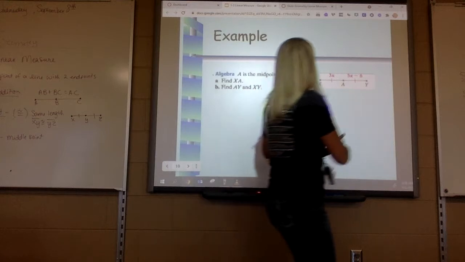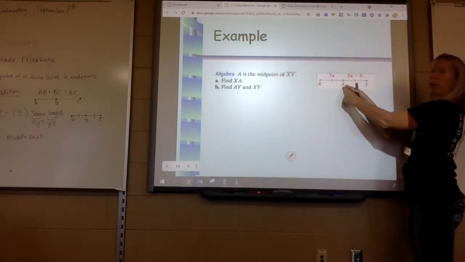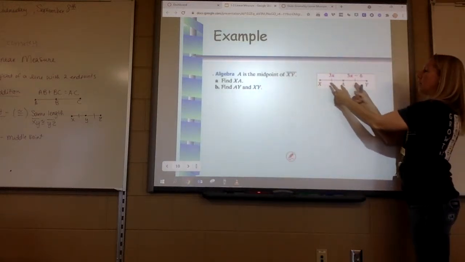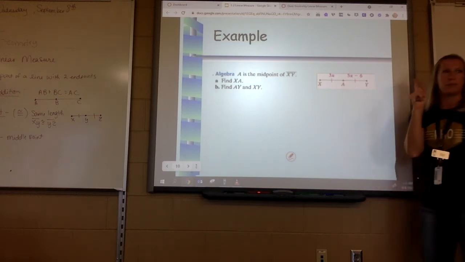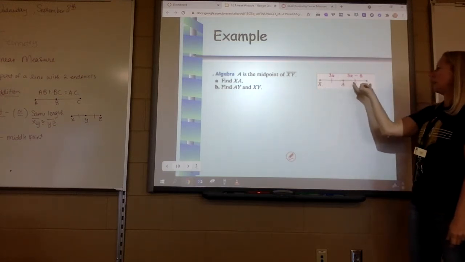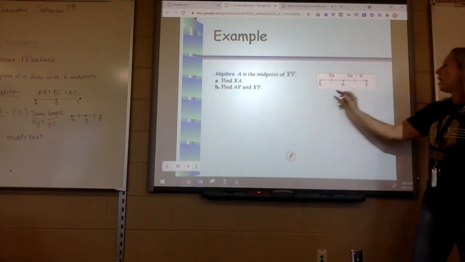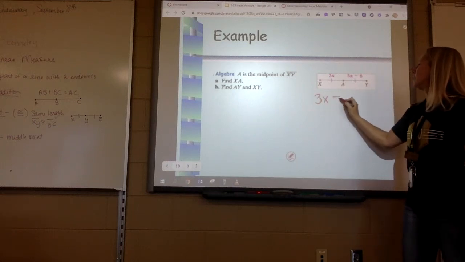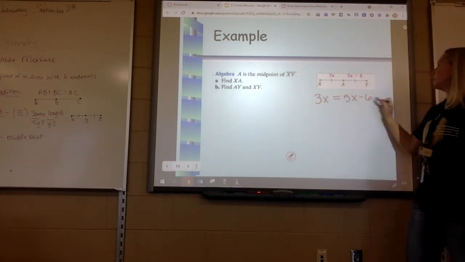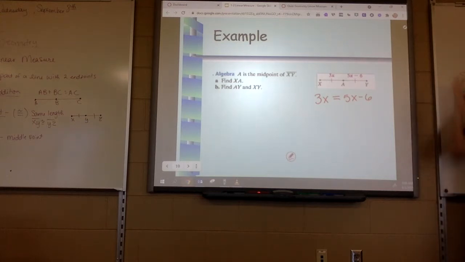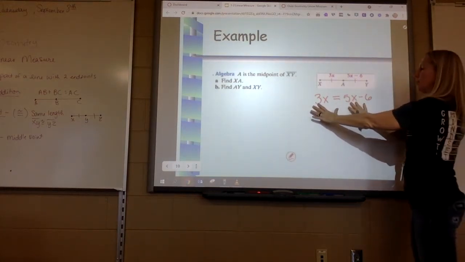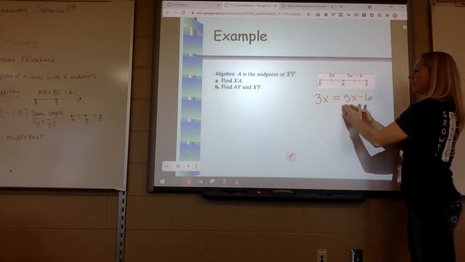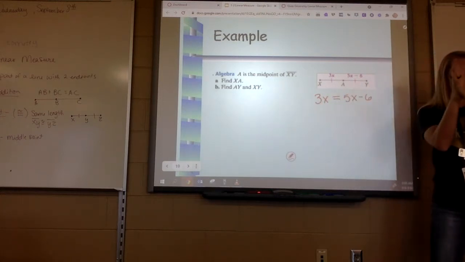So now I know that A is the midpoint. So XA would equal AY. So instead of doing that plus that equals the whole thing, I would just do 3x equals 5x minus 6. Now we have x's on both sides of the equals. So when I go across the equal sign, I have to do the opposite operation.